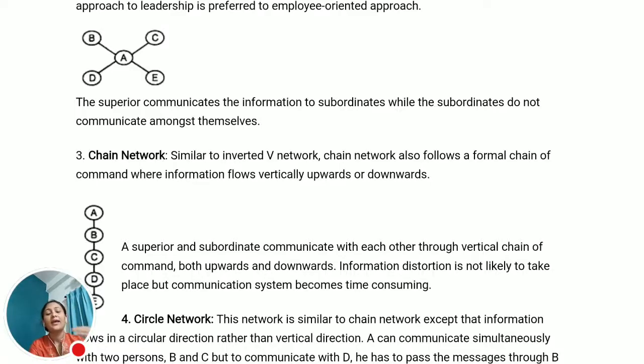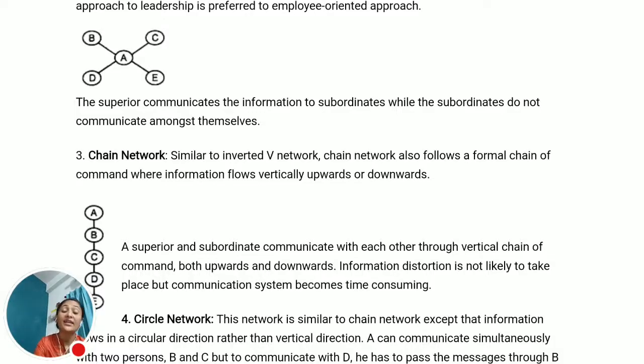You have to reach that point via a medium, and through these intermediaries the communication can get distorted or disrupted. So here in upward and downward communication, you can see the vertical chain of command is there, and information is very likely to distort.